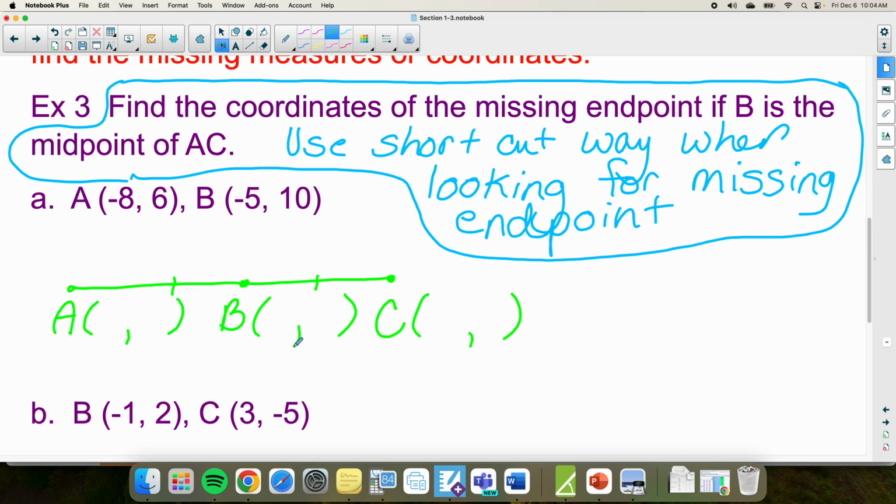In the previous set, they gave us the 2 endpoints, we wanted the middle. In this one, what they're telling us here is that A is -8, 6, B is -5, 10, and we want to find this. So when you're looking for a missing endpoint, that's when you do this shortcut way. Now, here is how you do this.